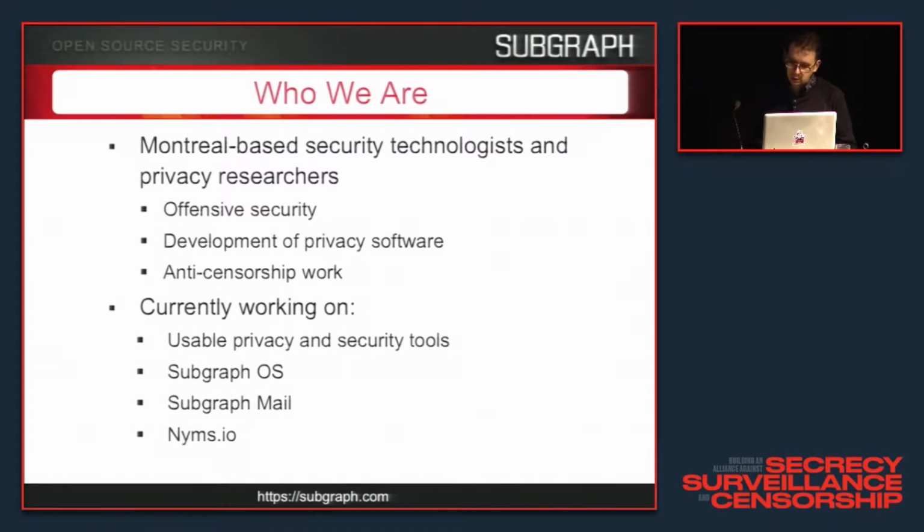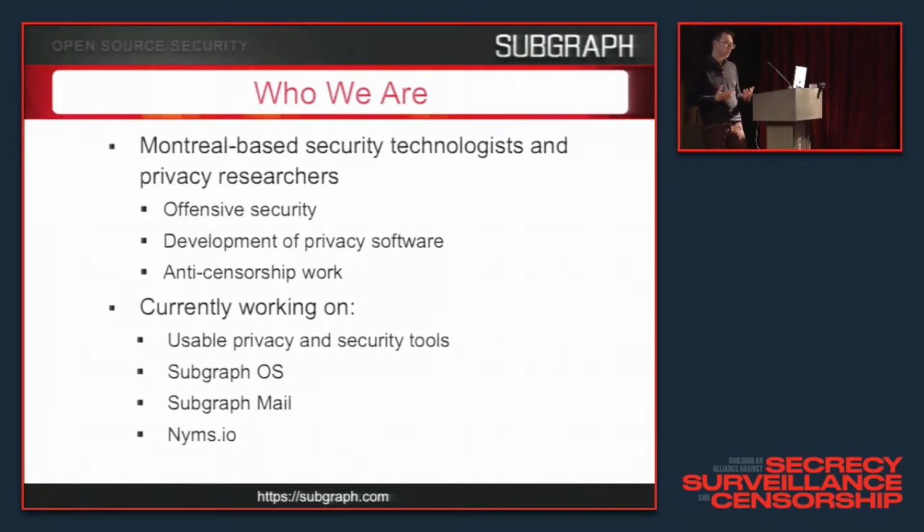Now we're working on a couple of projects. Subgraph OS is something that was mentioned here. It's an operating system that is built to be resistant to network-borne adversaries who are attacking at the software level. And that's what I'm going to be talking about today, the problems rather than what we're working on, but I'll touch on that. We're also writing a new mail client called Subgraph Mail, which is designed to make secure communications by email more usable.